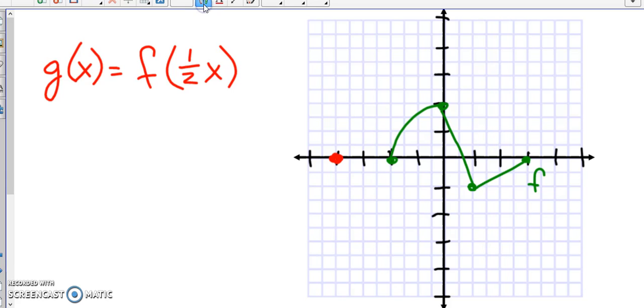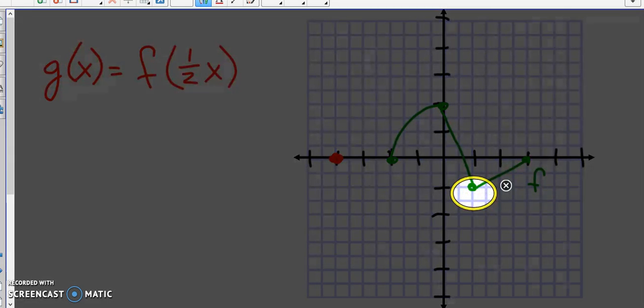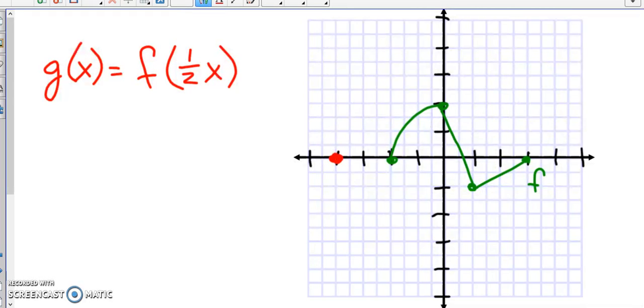If I want to look at this point right here, the original input would have had to have been 1 to get that point. The new input would have to be what? Because of this 1/2, what would it have to be? 2. So this point's going to go out to here.